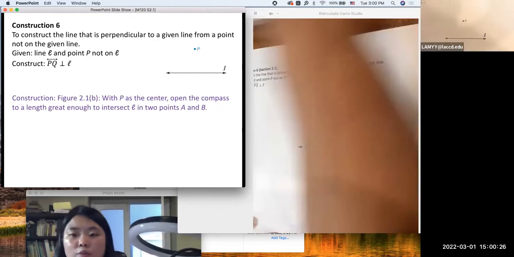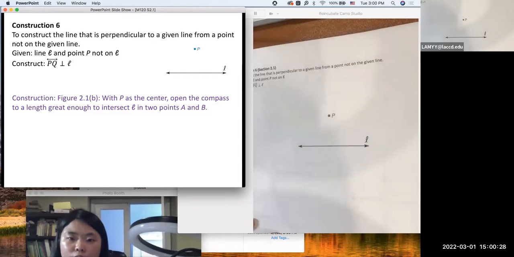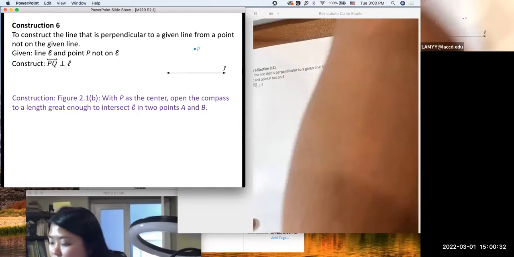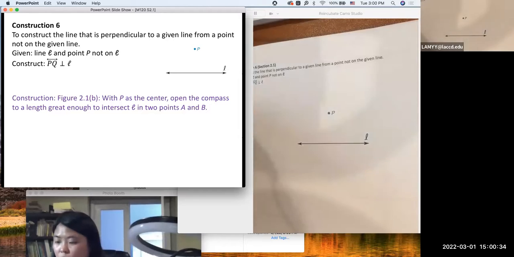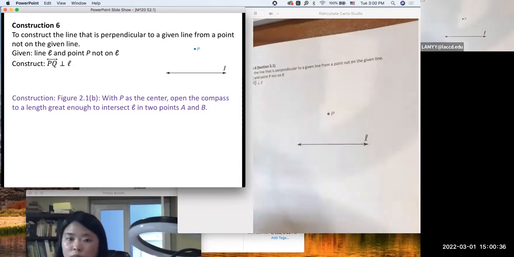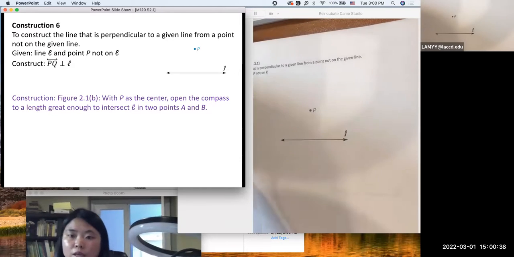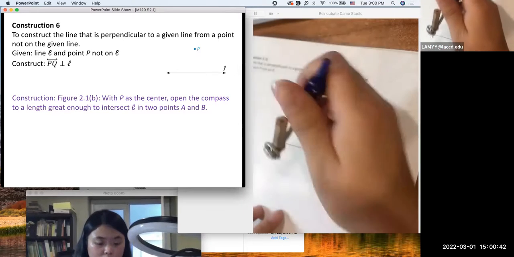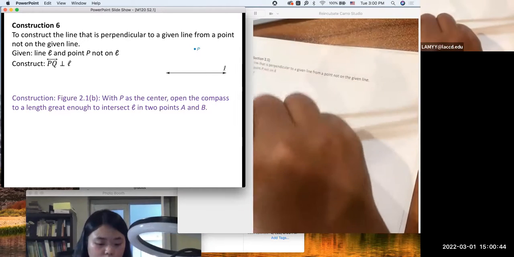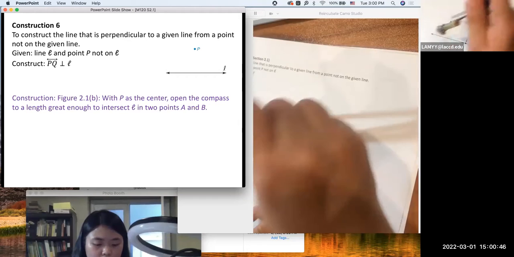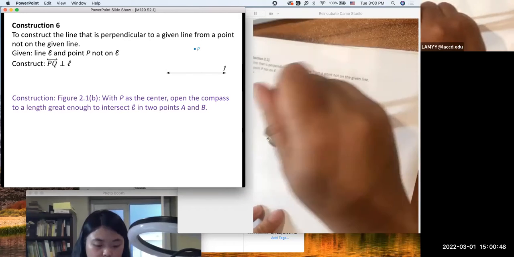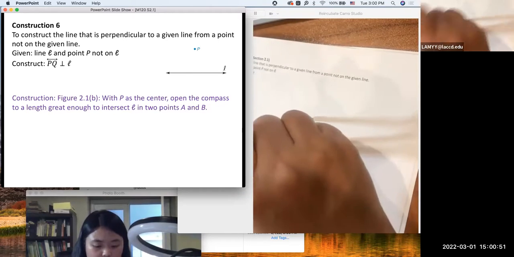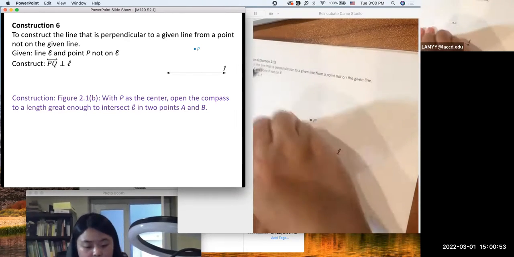Okay, step one. We're gonna use the P as the center, and then draw the arc here to intersect the line L. That's too small.